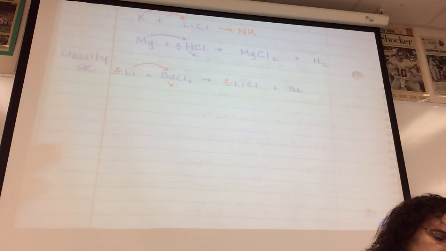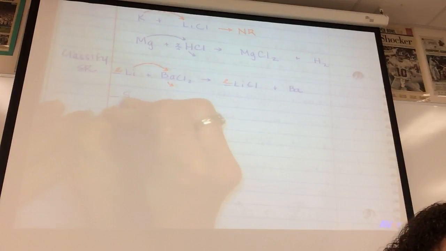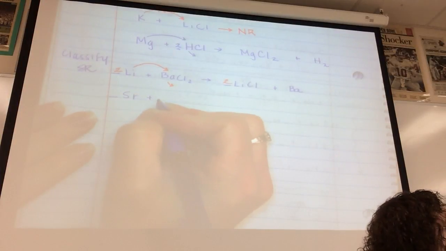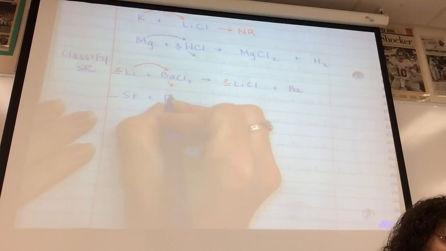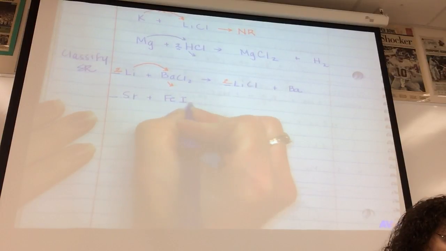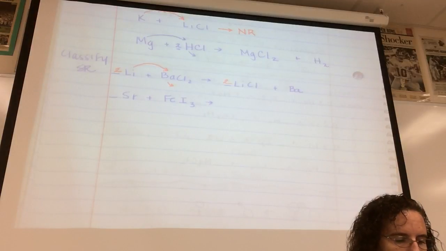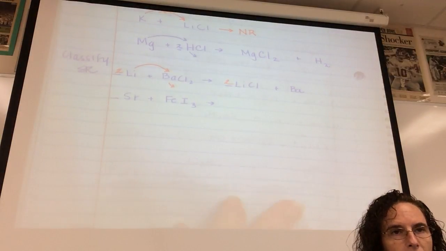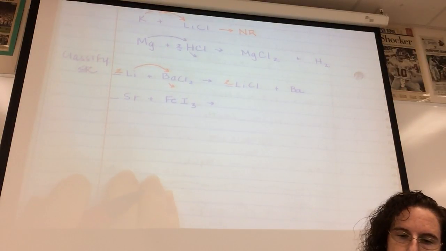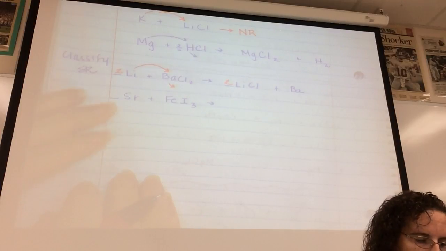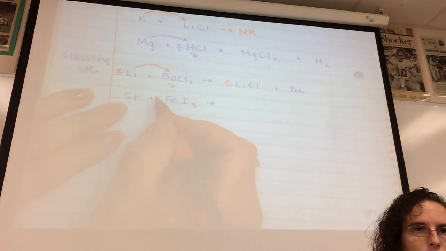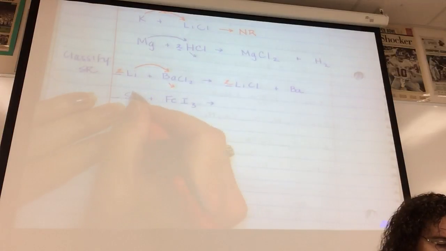All right, so look at this one. We have strontium reacting with iron 3 iodide. What do we check? Chase. Check to see if strontium is more powerful than iron, and it is. How do you know? Because it's higher on the activity series. You got it.